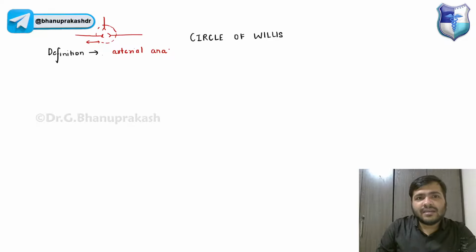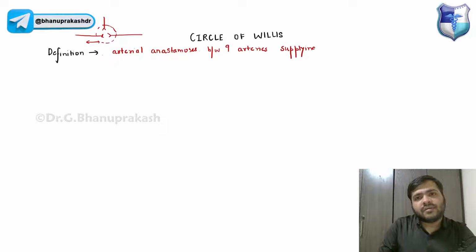So it is an arterial anastomosis between the 9 arteries supplying the brain.